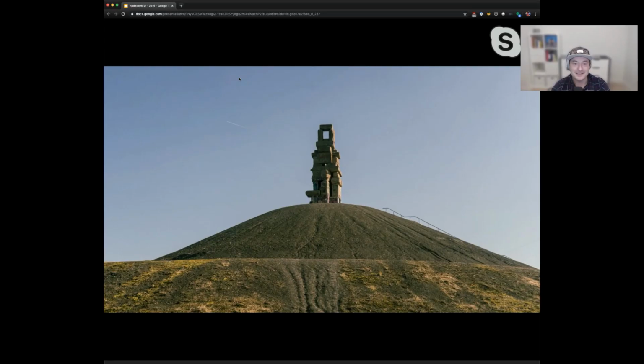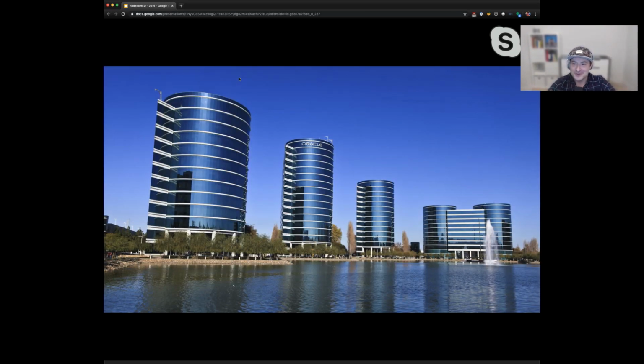Our story started like many other stories with the infamous monolith, right? This famous historical piece of technology that slowly, across the years, evolved into microservices. Sorry, Oracle.